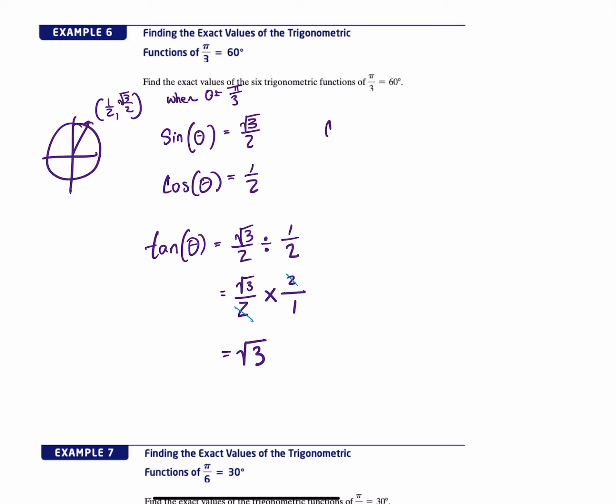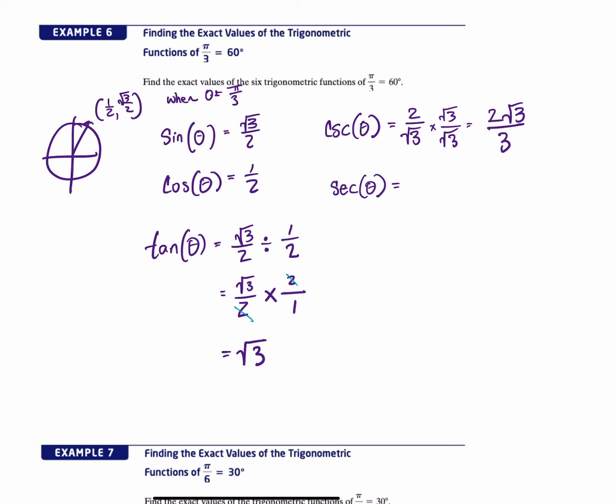Now the cosecant, that's the reciprocal of the sine. So this would be, instead of root 3 over 2, 2 over root 3. And then we'll just want to rationalize. So let's multiply by root 3 over root 3. So that'll give me 2 root 3 over 3. Then the secant is the reciprocal of the cosine.